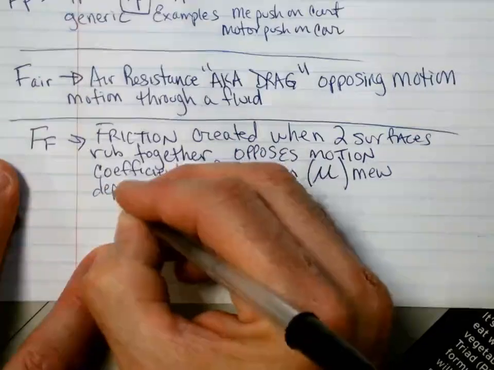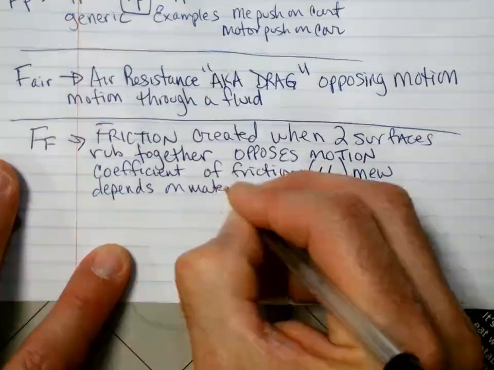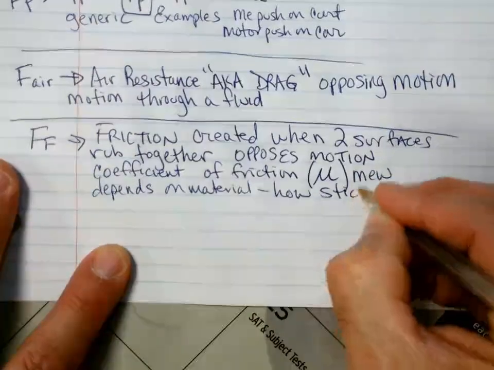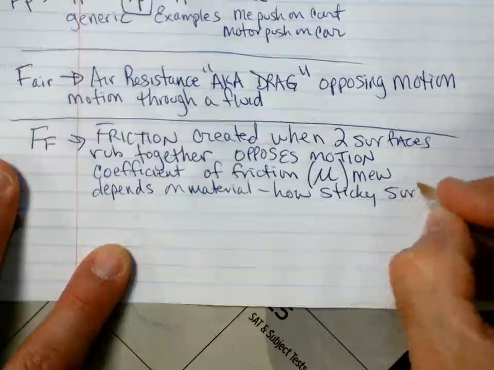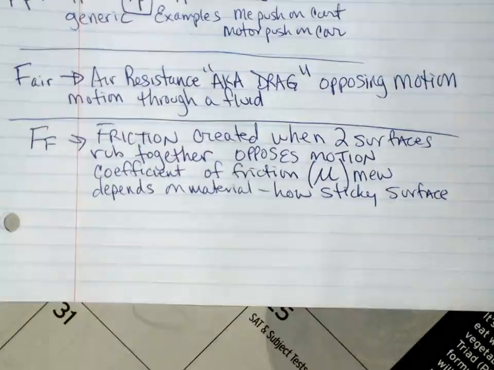So mu basically depends on the material or how sticky the surface is. So if two things are really sticky, they'll have a high coefficient of friction. If things are smooth, they'll have a low coefficient of friction.